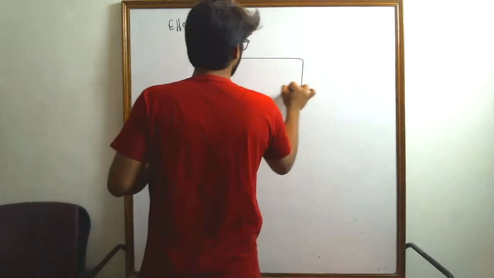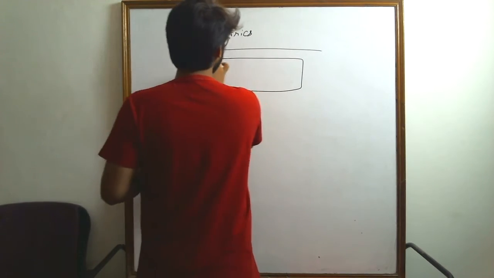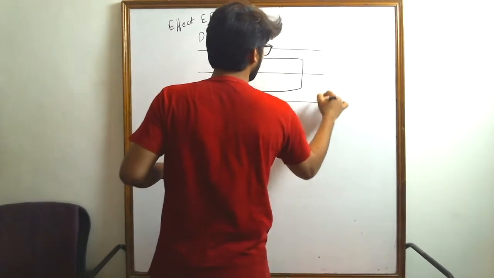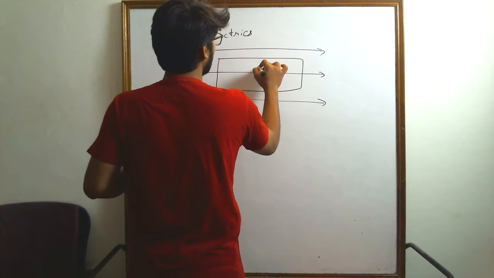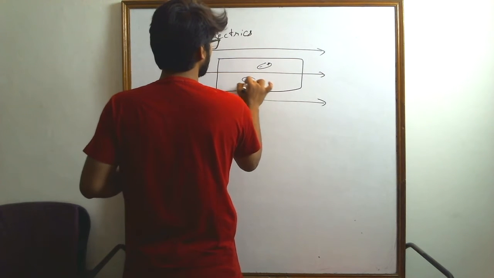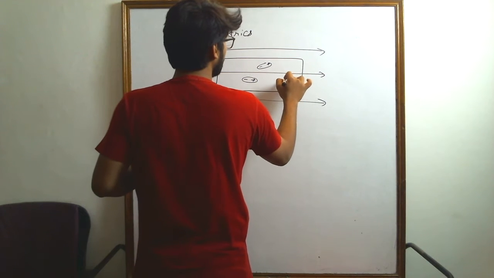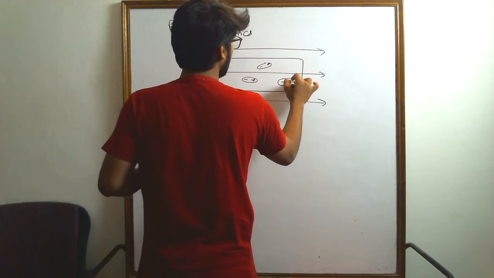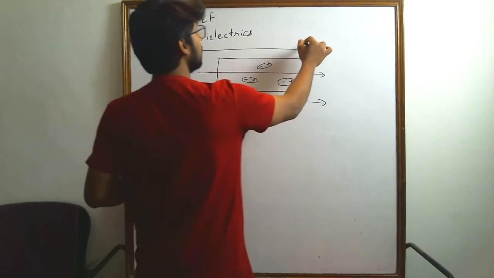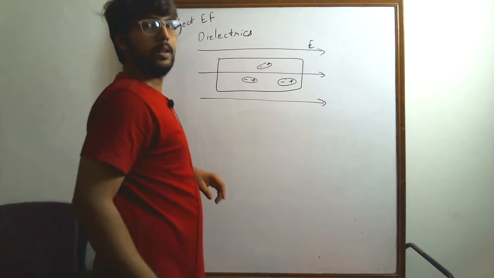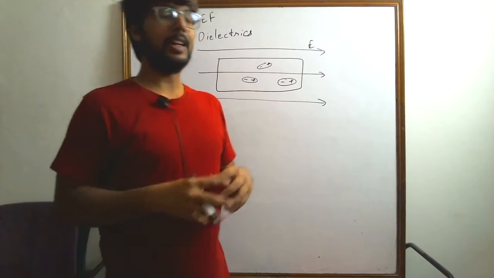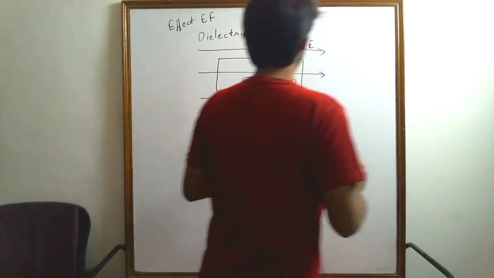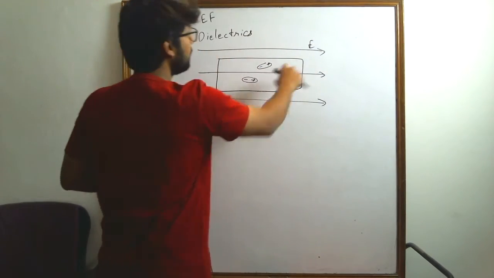molecules get stretched due to the external electric field. The molecules get stretched due to the external electric field, and due to this stretch, you can see that the alignment is also happening.